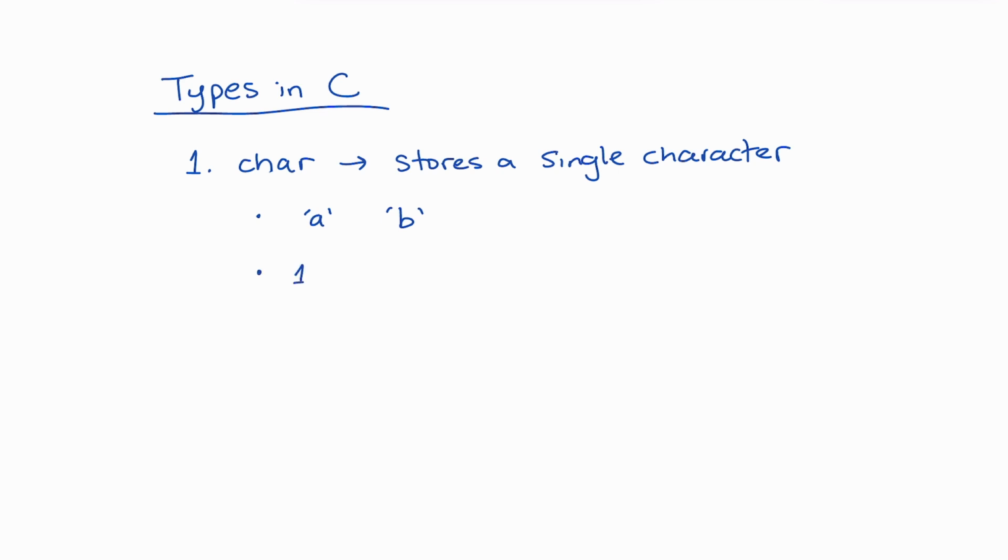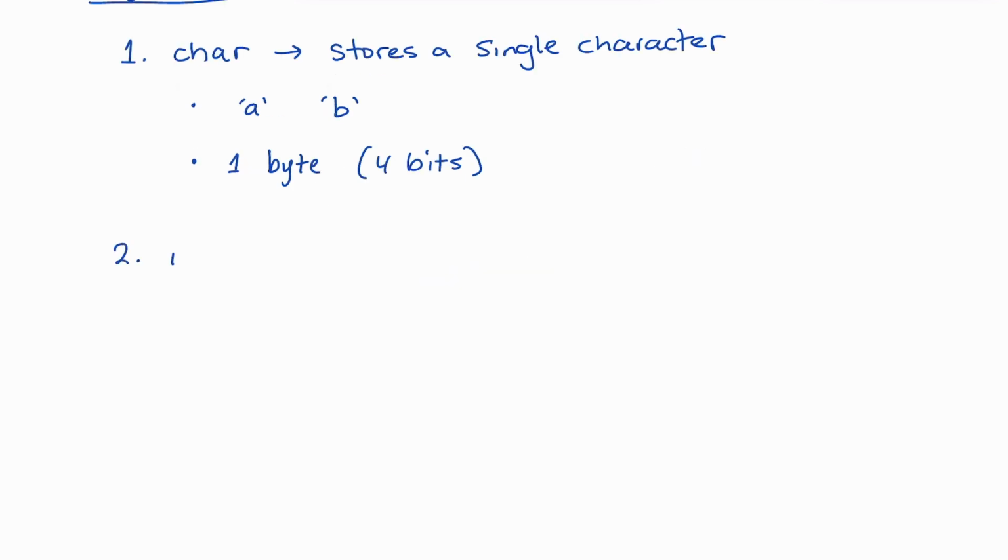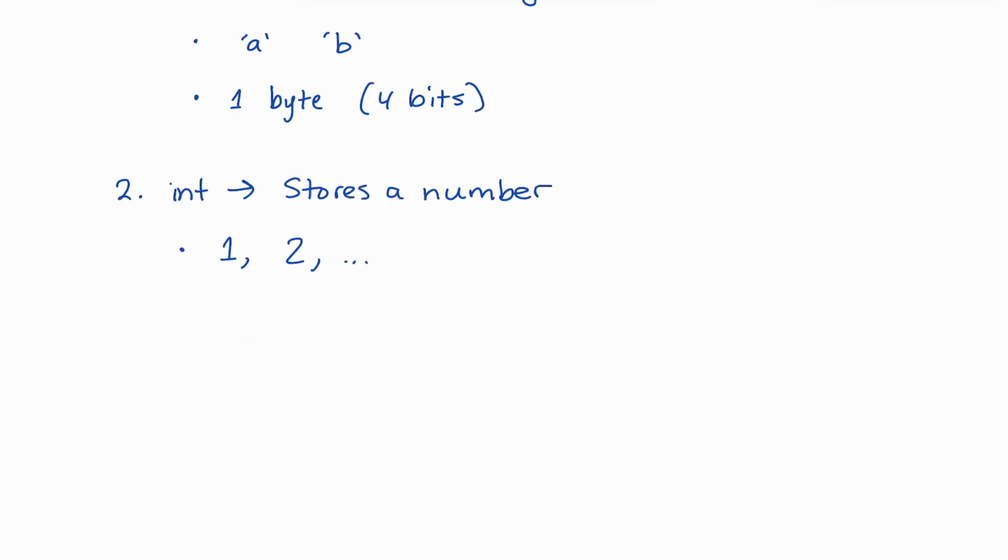It takes 1 byte of storage, or 4 bits. Next we have int. This stands for integer and simply stores a number. An example is 1, 2, etc. Integers are generally 4 bytes.